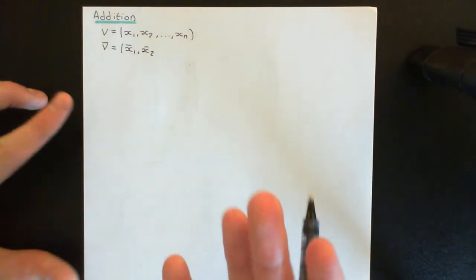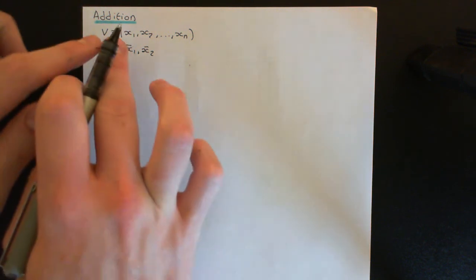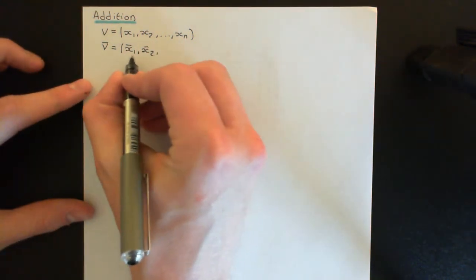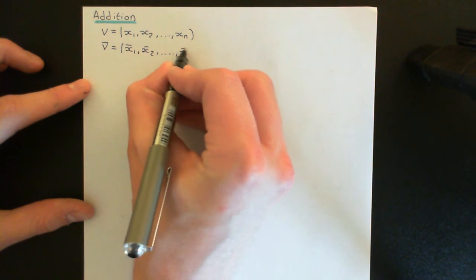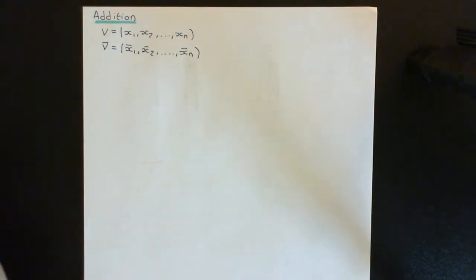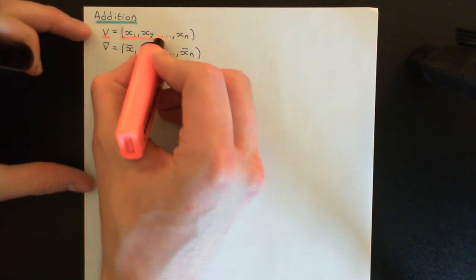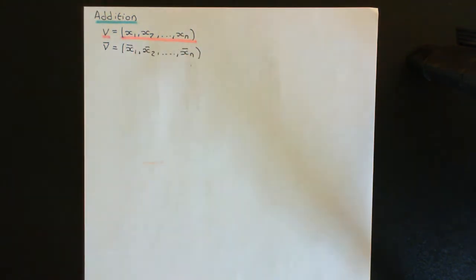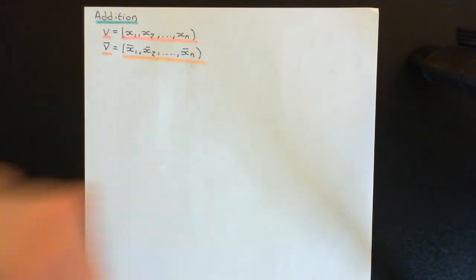I'm relying again on you knowing the nomenclature from your understanding of classical algebra: the entries from the field in the vector are called the components. So let's colour them in. I have v coloured in red, and v bar coloured in orange.